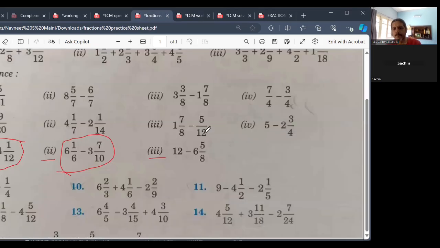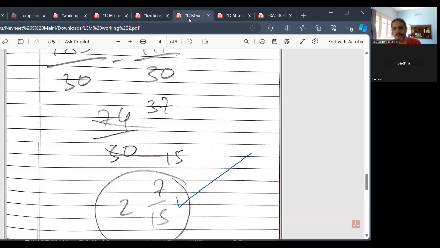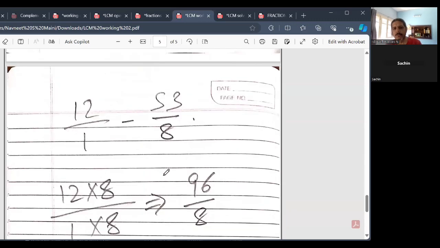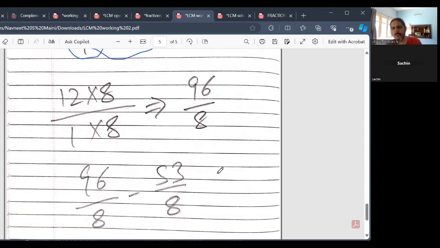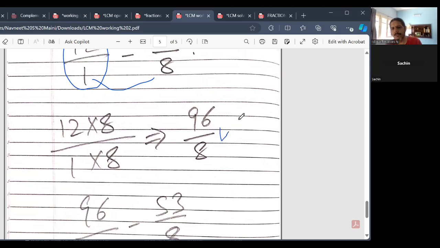What about the third? 6 13 by 24. Here also what you have to do is, the first number you have to write as 12 by 1, and just take the LCM, which is 8. So just reduce the first number to its equivalent fraction, which is 96 by 8.